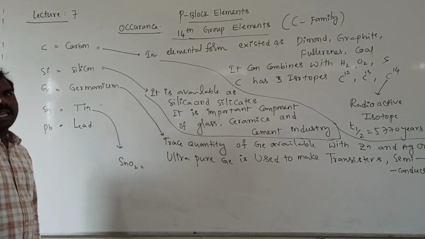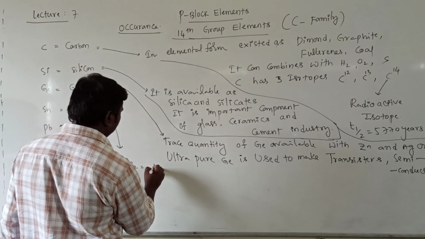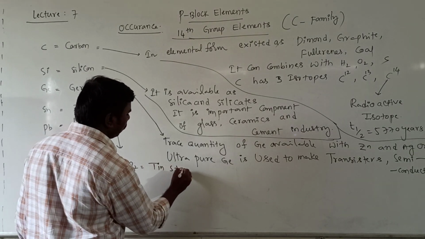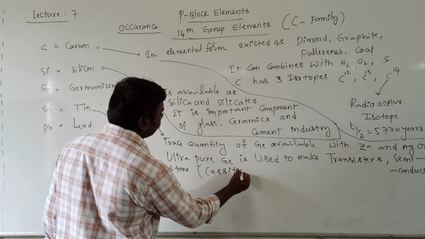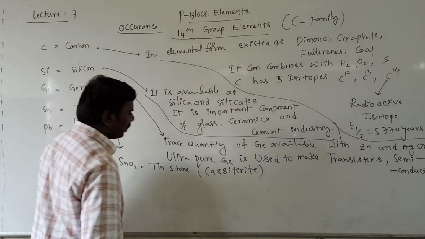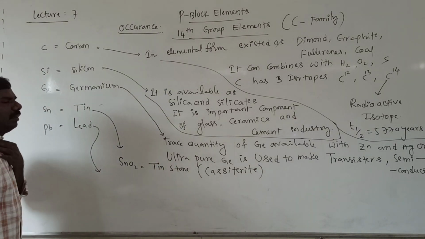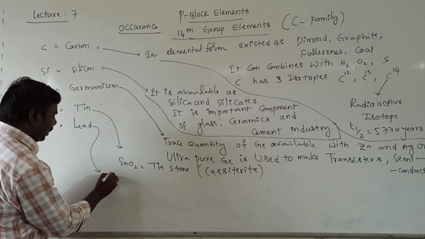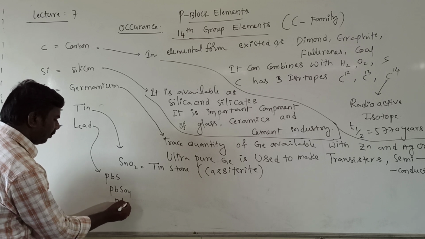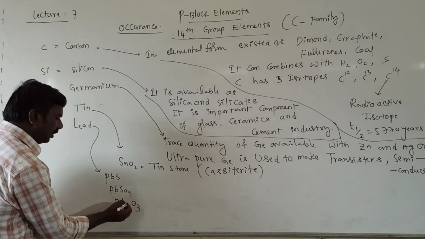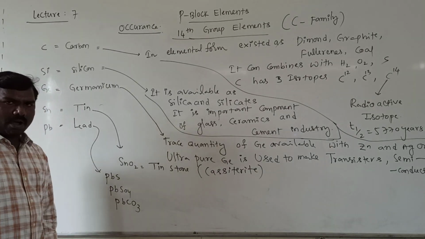Next, tin occurrence. Tin is available as SnO2. It is called cassiterite, also called tin stone. Next, lead is available as PbS, PbSO4, PbCO3: lead sulfide, lead sulfate, lead carbonate.